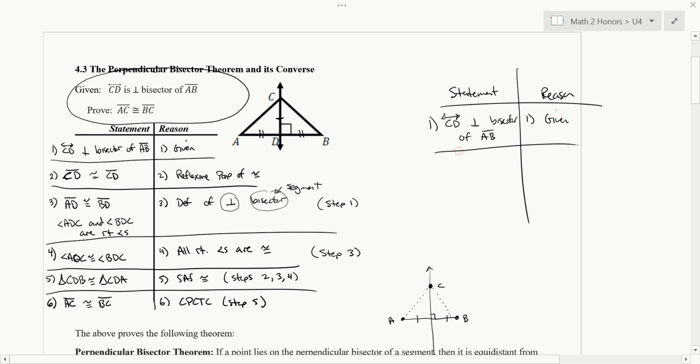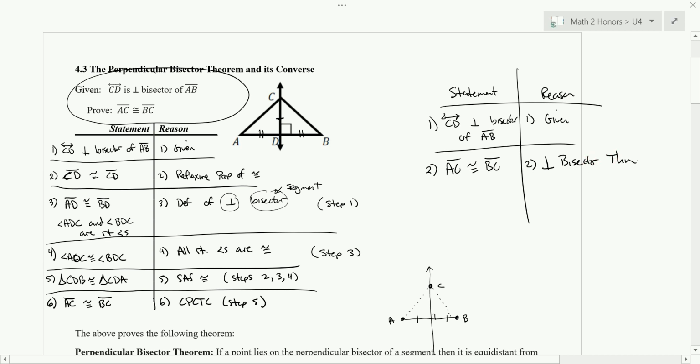Oh, but it's a perpendicular bisector, so I could use my perpendicular bisector theorem, which says what? That AC is congruent to BC, and that's what I'm trying to prove. So I could skip all the way to the end of the proof. AC is congruent to BC, and my reason would be the perpendicular bisector theorem.